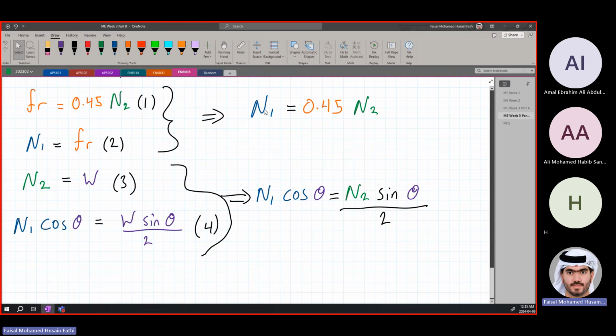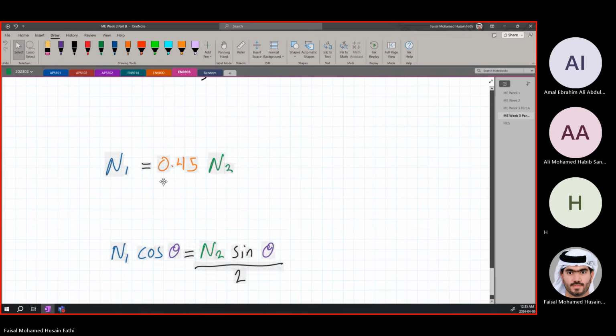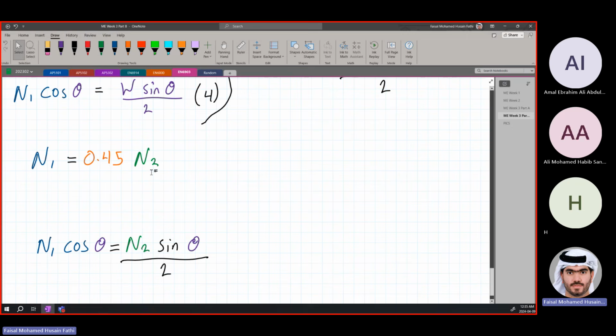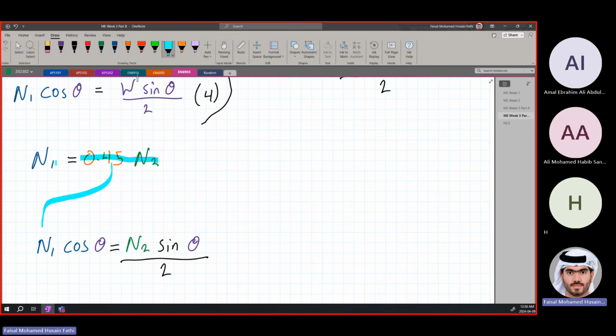Now we can look at these two equations together and simplify even more, because now we have only two equations, and we have a relationship between them. So we can just substitute N1 over here. We're going to take this value and substitute it into this N1 over here.